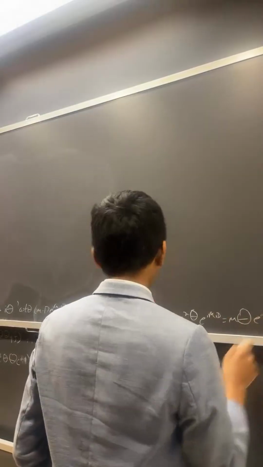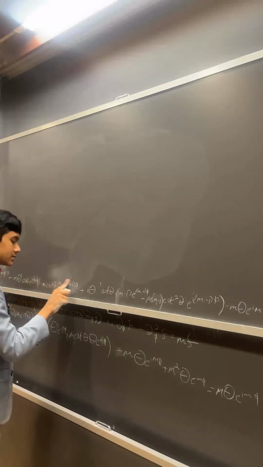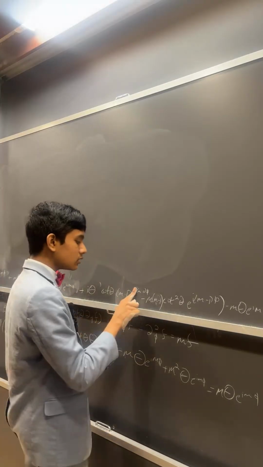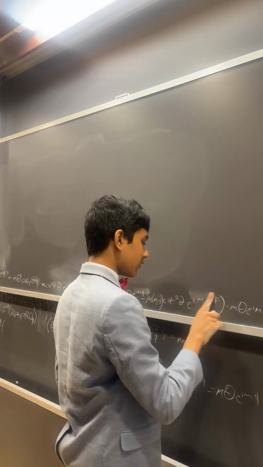Now, we can actually distribute the e to the i phi all the way over here into this product, which makes this i m phi, this also i m phi, this is also i m phi, this is also i m phi.